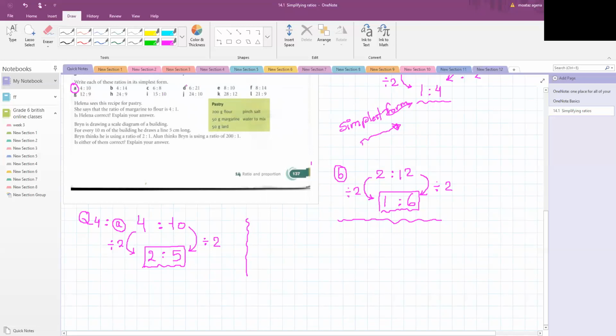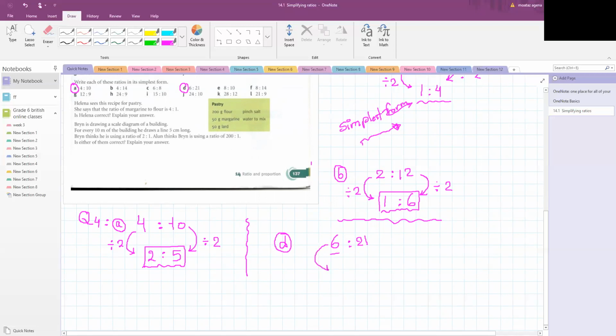What about question D? Okay, letter D. 6 to 21. I want to simplify this ratio. What is the highest common factor between 6 and 21? I hear somebody say 3. Excellent.